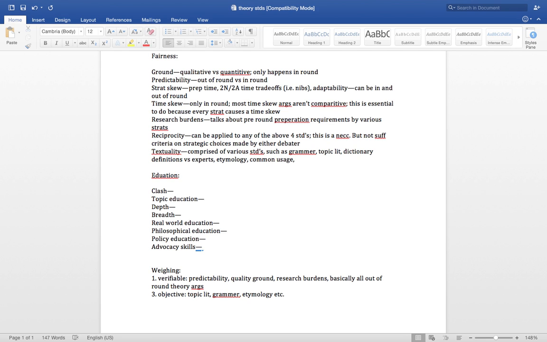Right? Yeah. Cool. So let's move to philosophical education. This is pretty straightforward. It's the opposite of topic education. At some level, they seem to clearly trade off, right? Yeah. Time spent on framework is time you're not spending on the contention, and vice versa.